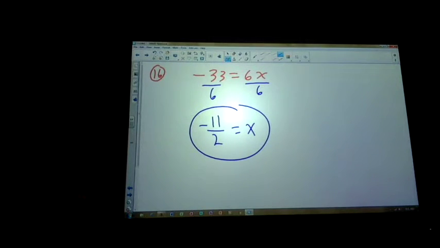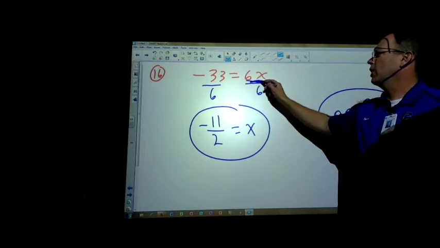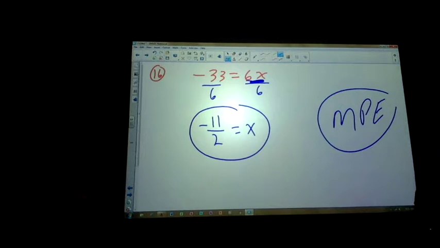So you need to reduce it. 3 goes into 33 11 times. 3 goes into 6 twice. So it can be reduced. All right. Did we use the addition or multiplication property here? This is the multiplication property of equality, because these were being multiplied together, and in order to undo multiplication, you have to use division.